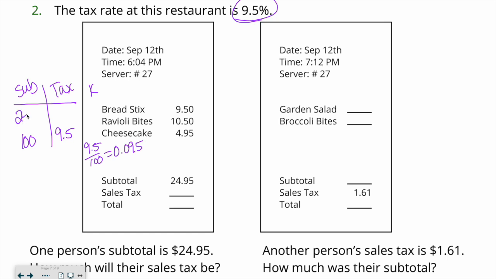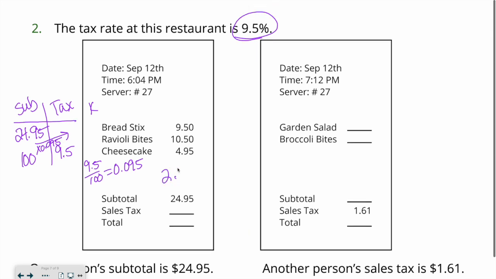And so we take our 24.95 times 0.095, and we end up with 2.37025. But we're talking about money, so 2 decimal places. Look over, that's a 0, so it's going to be $2.37.